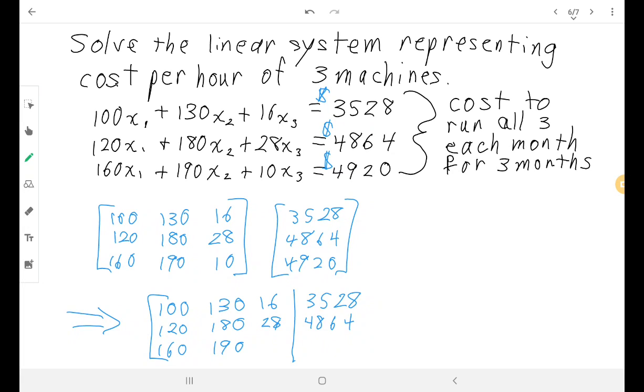And again, you set it up this way to do row operations, but if you've gone through 7.2 yet, you know that row operations are really tedious.